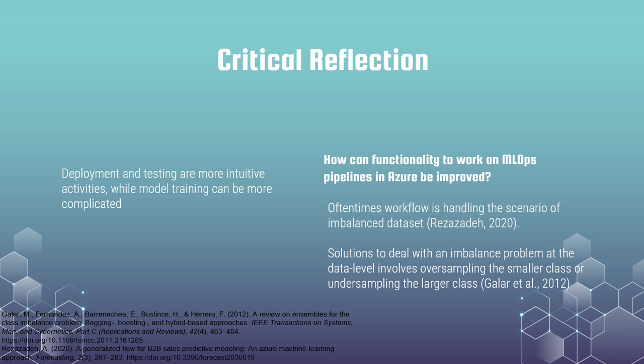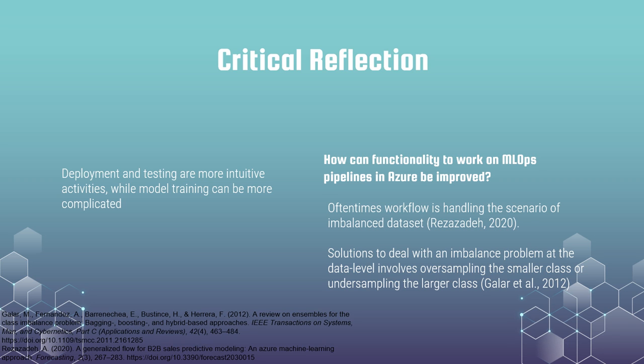Even though I knew this was a classification problem, there were so many, I think like 10 classification algorithms to choose from. So it is not that user-friendly for a first-time user, and it looked a little bit complicated for me. But the deployment and testing are very intuitive, and I found it was straightforward to use.